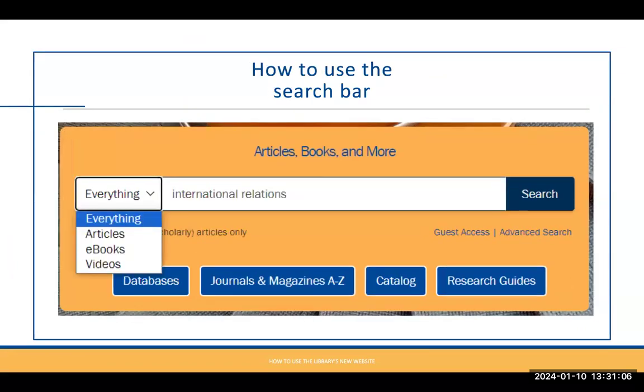Another feature I suggest using is the drop-down menu beside the search box. It asks if you're searching for everything, articles, ebooks, or videos. If you select everything, this search does mean everything. It will include videos, books from the catalog, ebooks, and pull information from most of the library's databases.